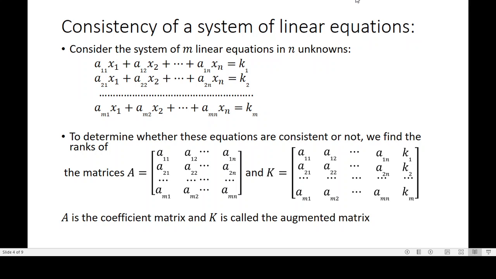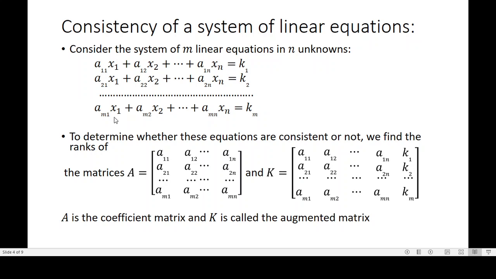Let us understand consistency of a system of linear equations. Consider the system of m linear equations in n unknowns: a11x1 plus a12x2 plus etc. plus a1n(xn) is equal to k1, a21x1 plus a22x2 plus etc. plus a2n(xn) is equal to k2.